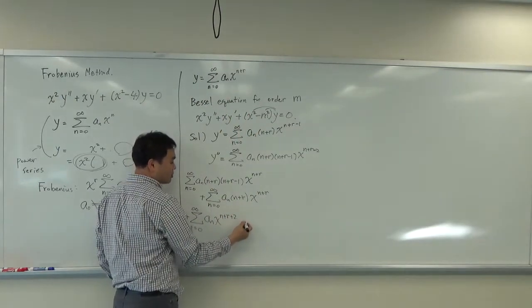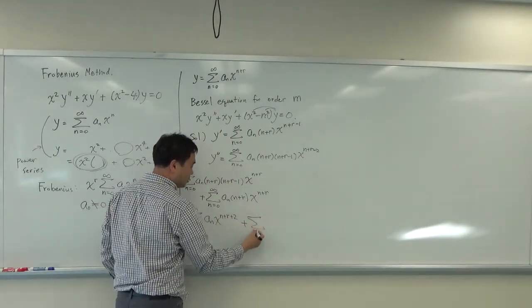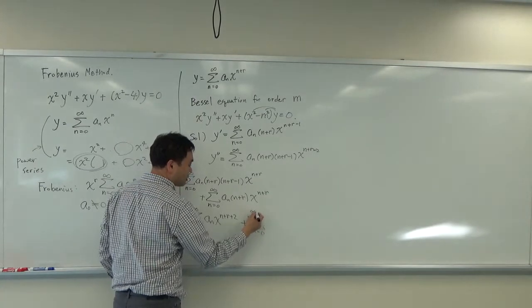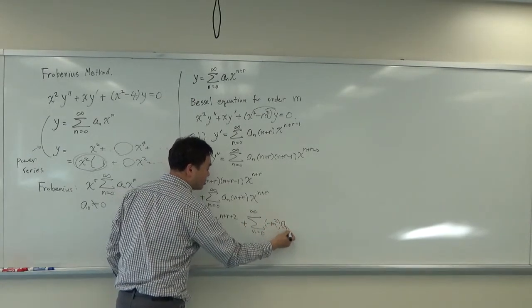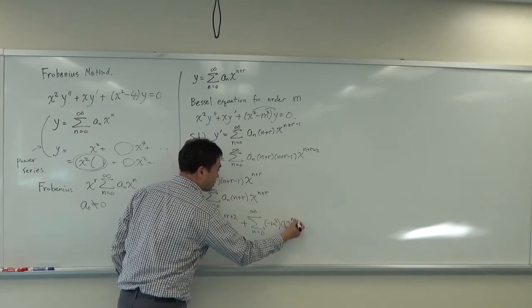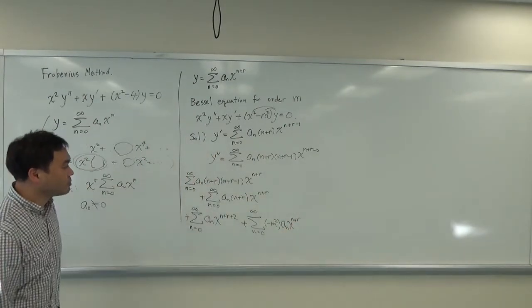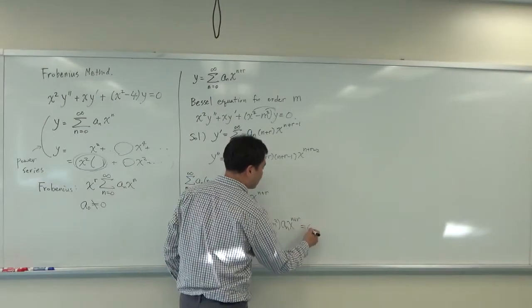And then plus sigma n from 0 to infinity of negative m squared a_n x to the n plus r. And that has to equal 0.